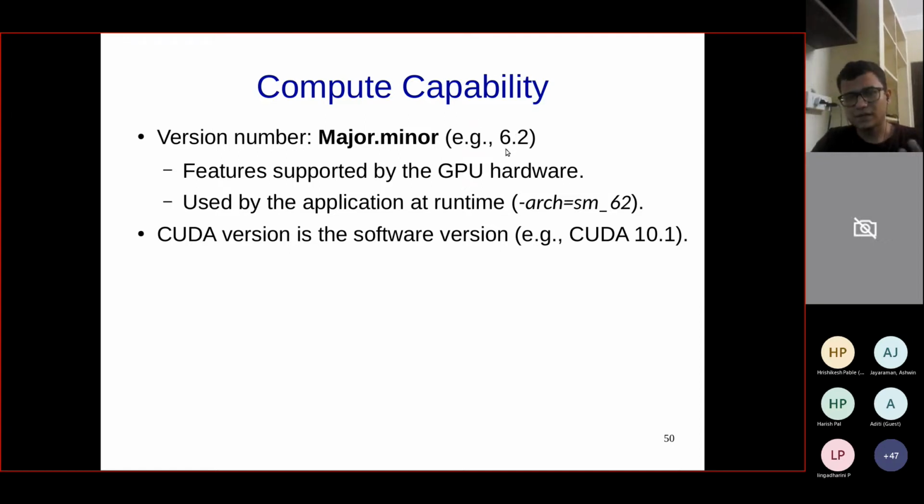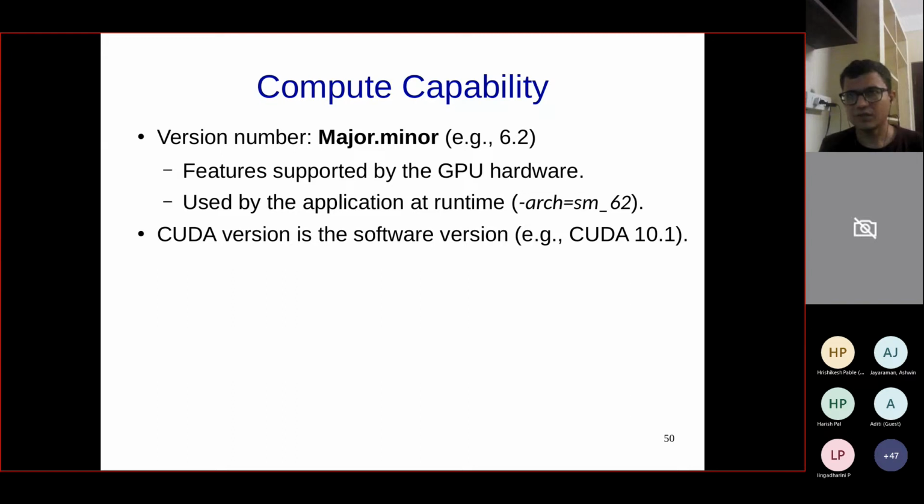First of all, we understood that this is the major number, minor number, whatever it is. But what does this denote to us? GPU is a hardware, and hardware is provided some version number based on the features that it is supporting. Let us say that you have some old GPU which has version number, let's say 5.0.